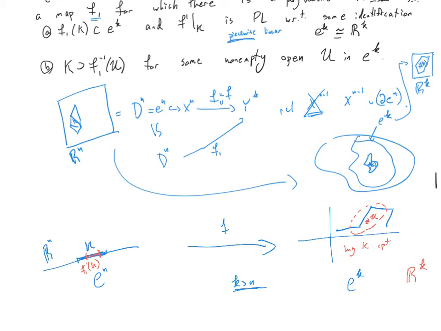So there has to be some point, let's just call this P. So then there exists P in U such that F1 of K does not contain P.